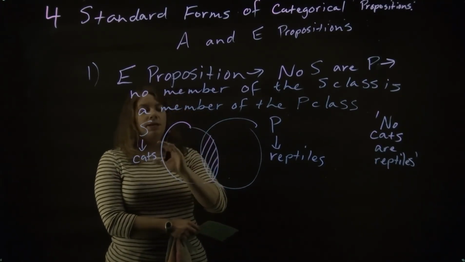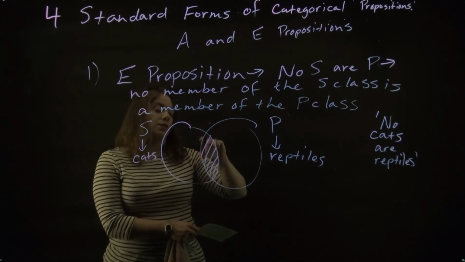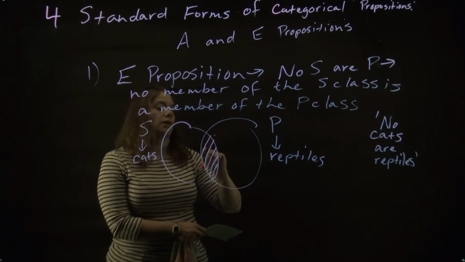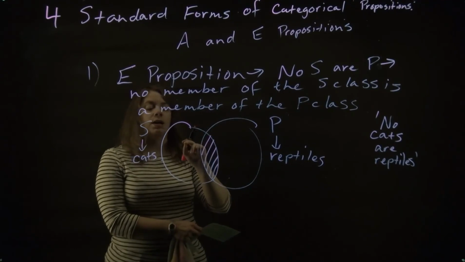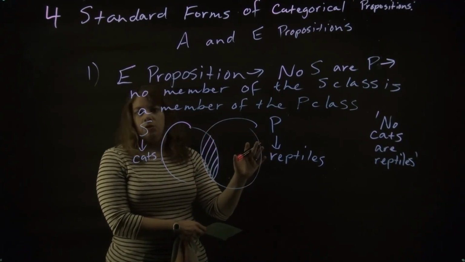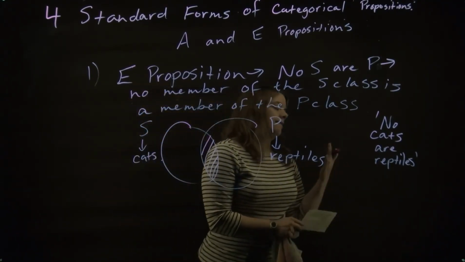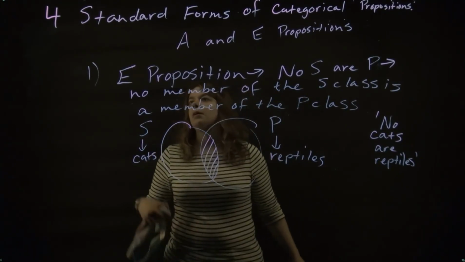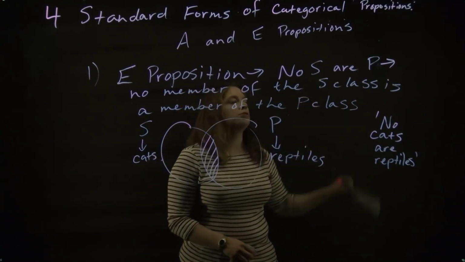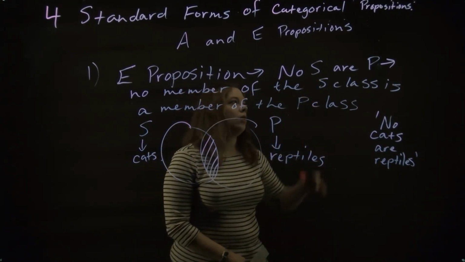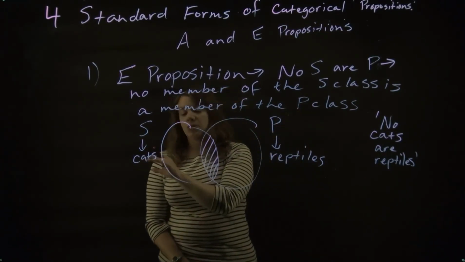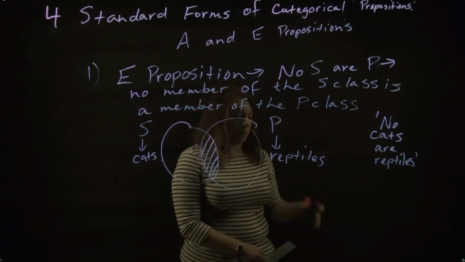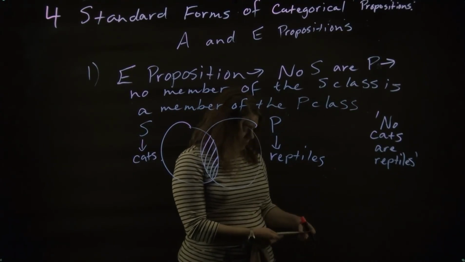You'll never find a case where there's a cat in this middle part, where the circles meet. They are always separated from each other. That's what E propositions claim. And again, they are universal because it's referring to all members of the subject class and all members of the predicate class. Okay.